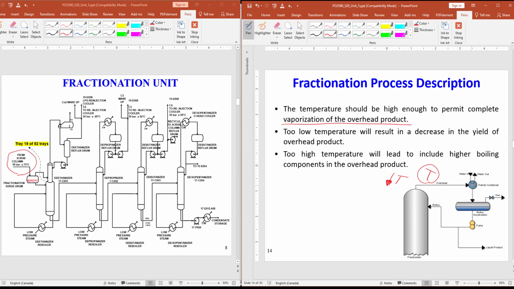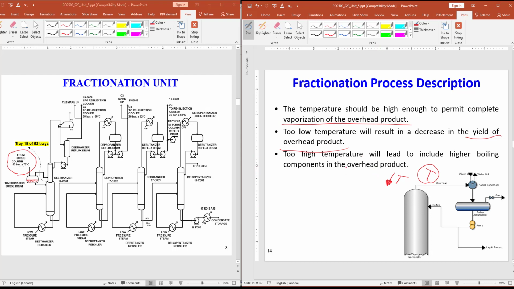Let's say you might send your ethane from the vapor phase to the liquid phase, while you wanted to separate ethane here. So if you decrease the temperature too much, the yield of overhead product, the yield of ethane, will decrease, because the ethane will go to the liquid phase.